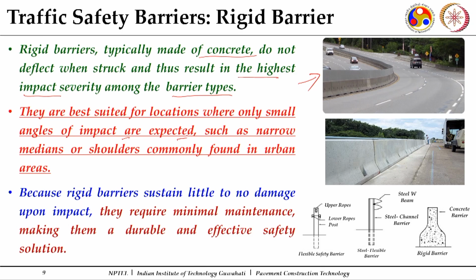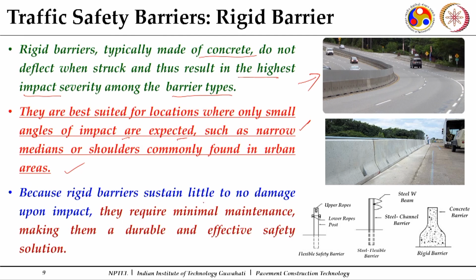They help us separate the vehicles in the two directions, and are suited to narrow medians or shoulders commonly found in urban areas, where you do not have much space for providing a good width of median. There these concrete barriers are very popular.